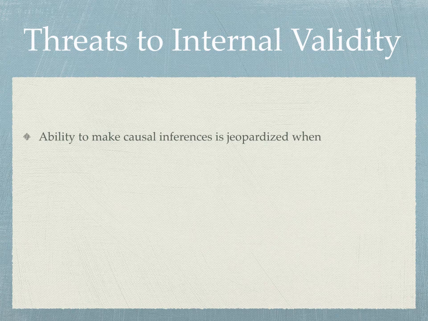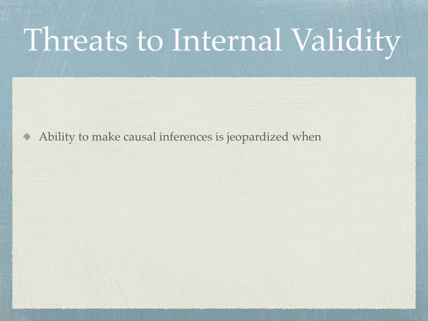Remember, the whole reason we're doing this experiment is because we want to say that our independent variable, what we're manipulating, is causing a differential effect on our dependent variable, what we're measuring. Again, we're trying to say that A is causing B. And to do this, we really need to control these threats to internal validity. When we don't, we lose the ability to make these causal inferences.